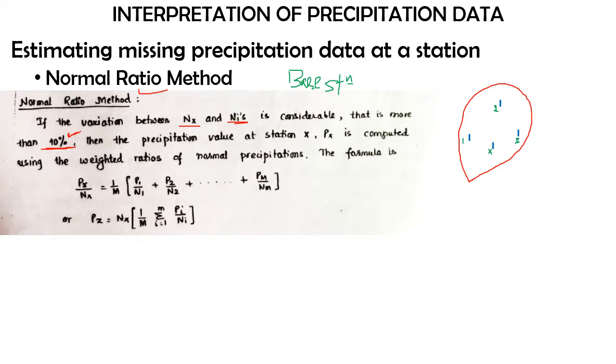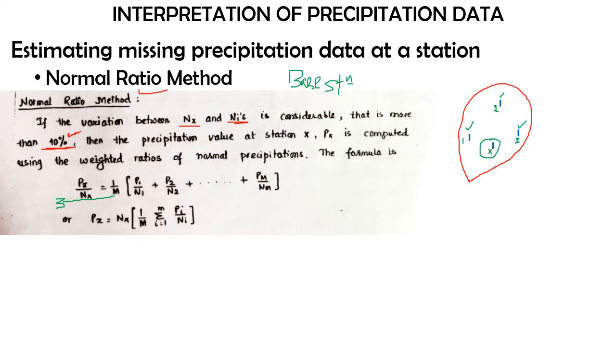For the calculation of this particular unknown value, we are going to use the remaining rain gauge stations which are there in that catchment area. So the remaining 3 rain gauge stations right now, 1, 2 and 3 together, are going to become the base stations. So the value of m is going to be 3 in our particular case. I hope that is clear for you.